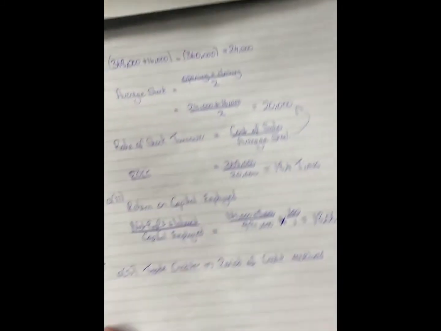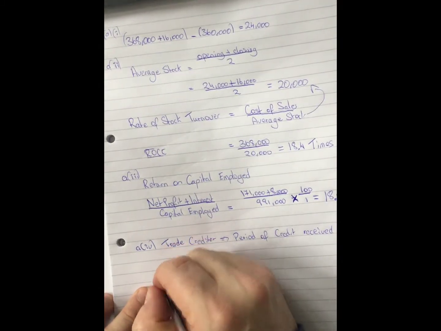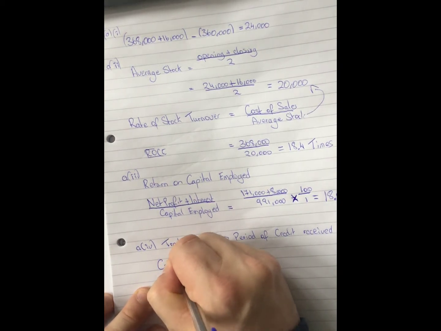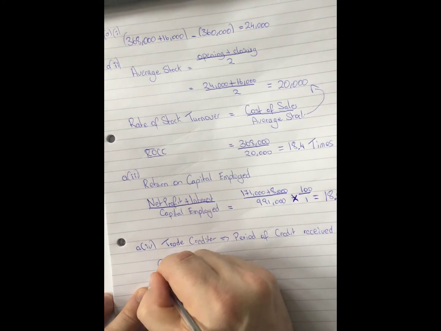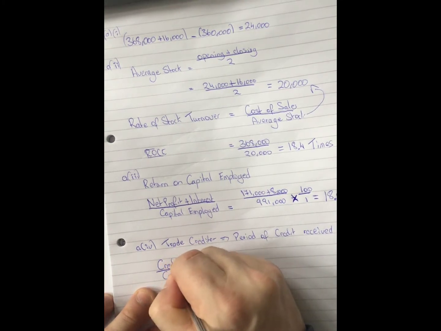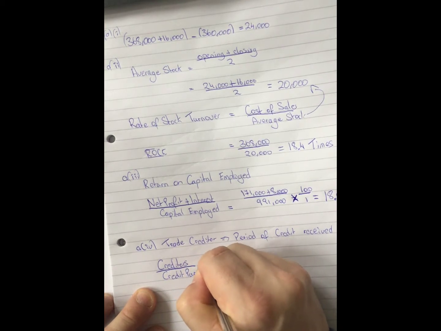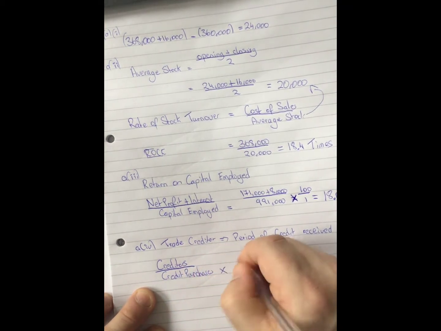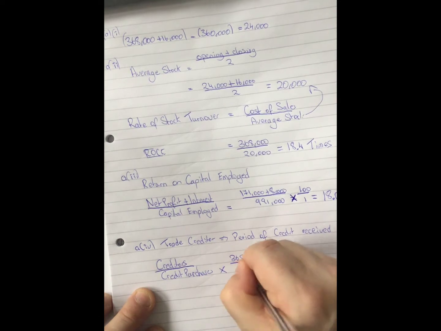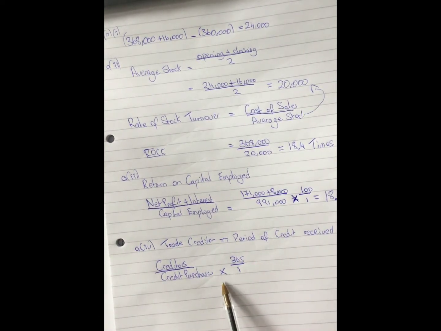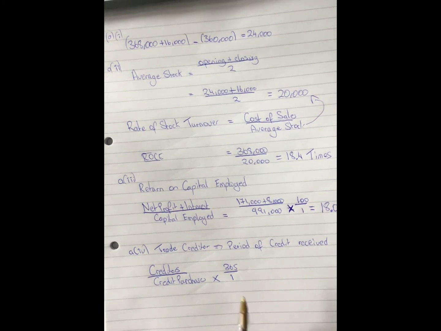So the formula for this is your creditors, again your trade creditors, that's important, over your credit purchases, multiply by 365 over 1, because there's 365 days in the year and your answer will be in days then, the period of credit in days that you get.